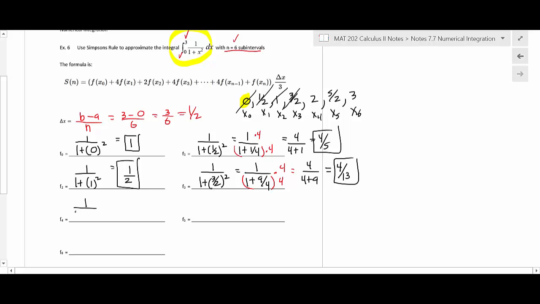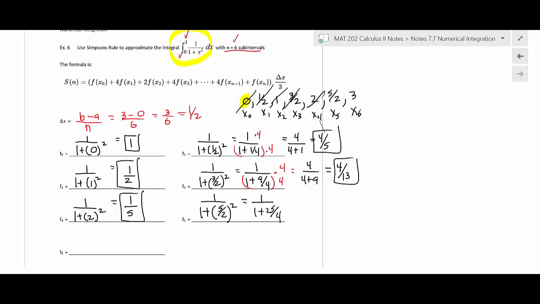So we're going to go 1 over 1 plus 2 to the second. That's 1 over 5. And then we're ready to go to 5/2. So that's 1 over 1 plus 5/2 to the second. That's 1 over 1 plus 25/4.